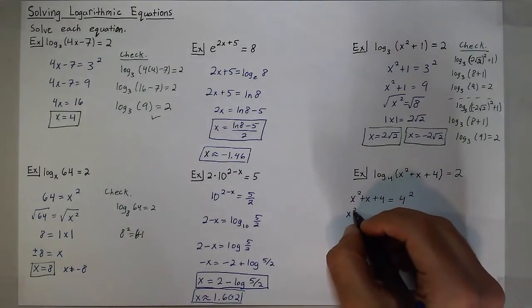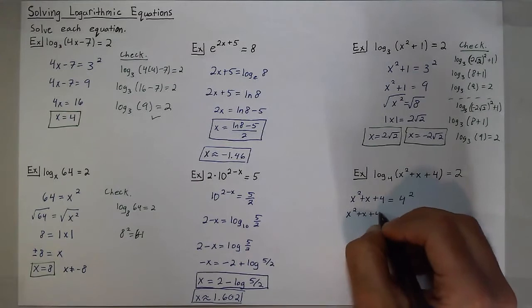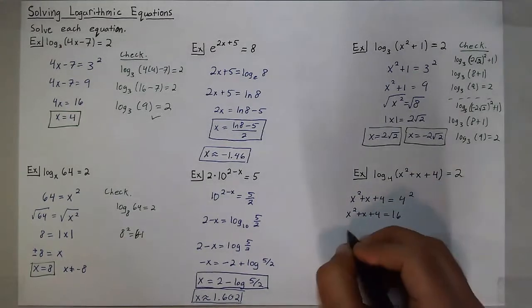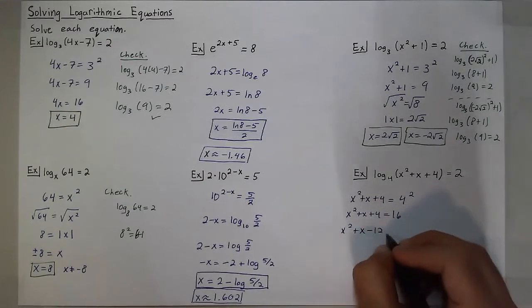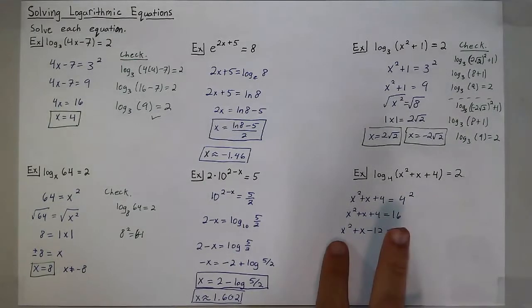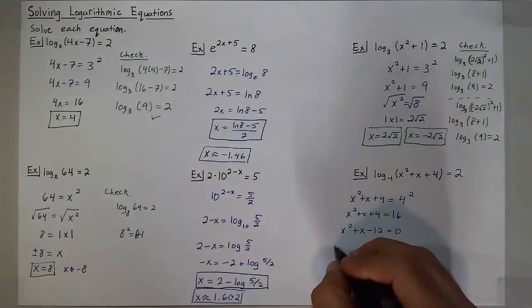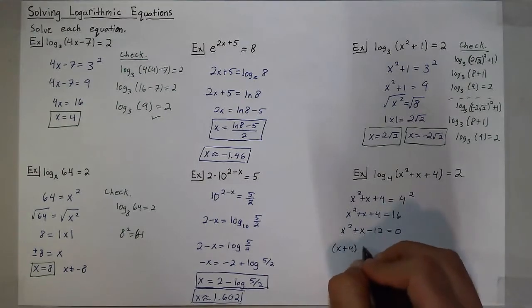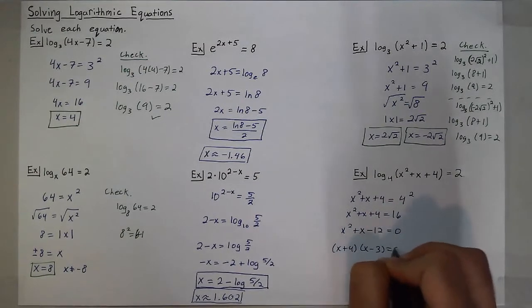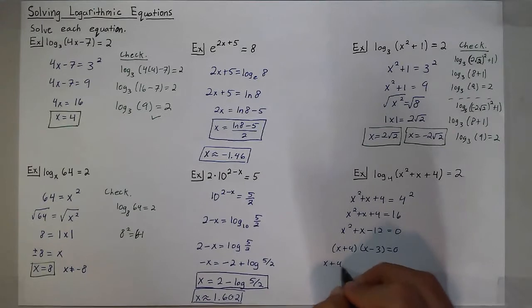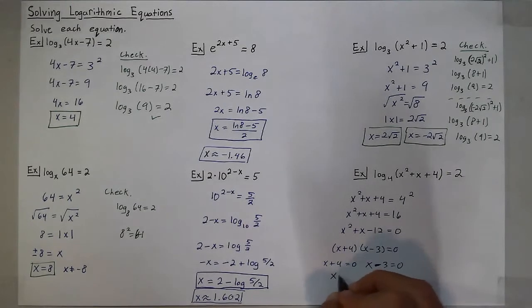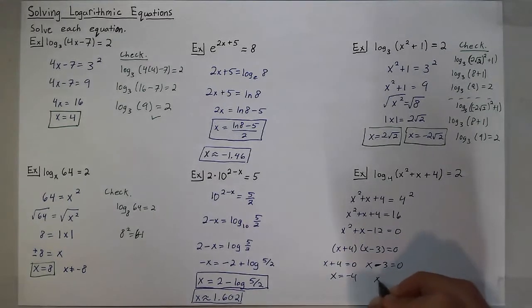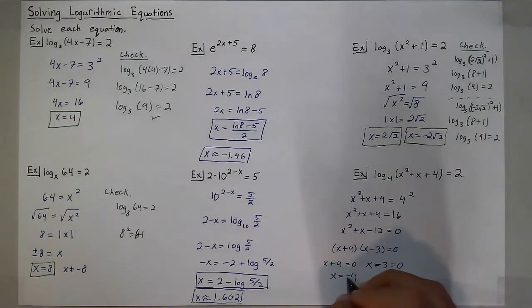Squaring the 4, I get x squared plus x plus 4 is equal to 16. Subtracting 16, I get x squared plus x minus 12. And then I can factor that quadratic to give me x plus 4 times x minus 3. So my 2 solutions are negative 4 when I subtract 4 from the left equation, and positive 3 when I add 3 to each side of the equation.